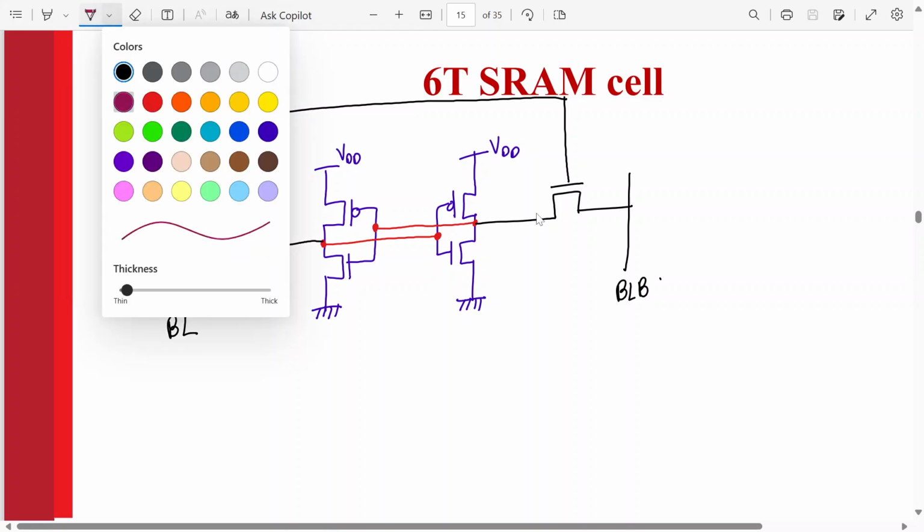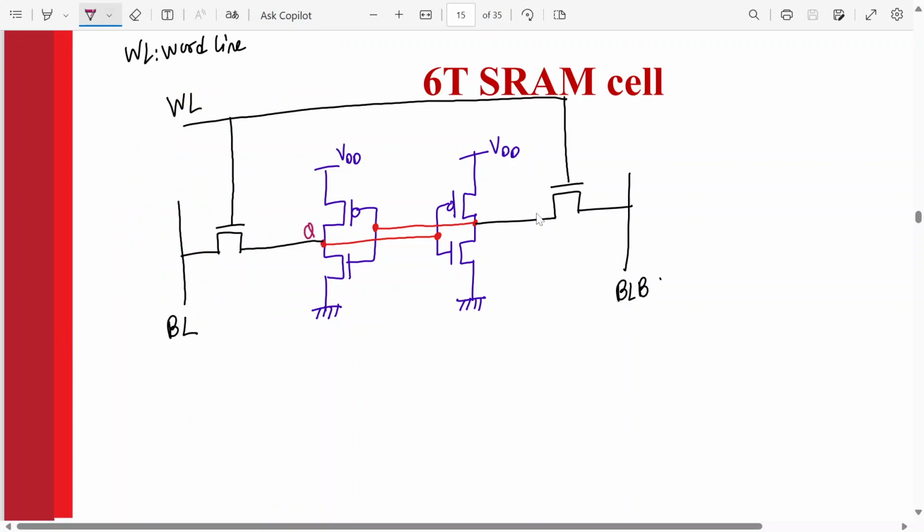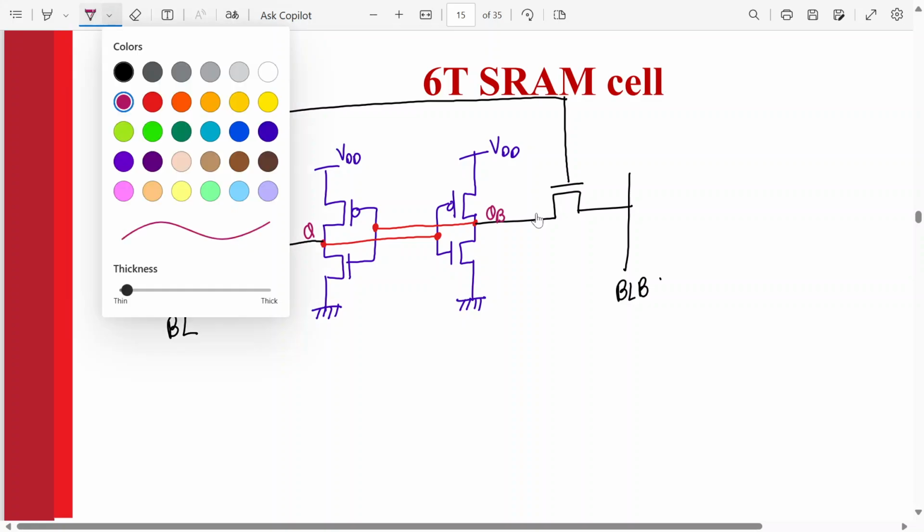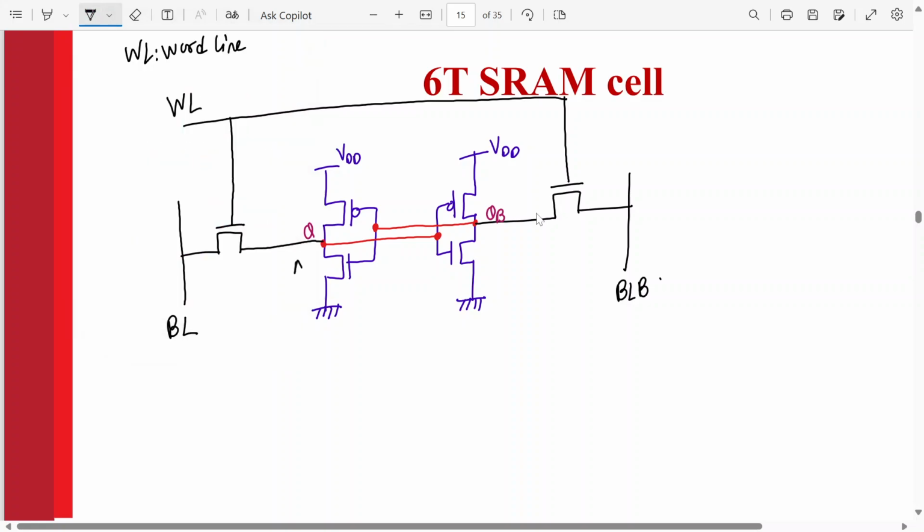Yeah, let's write down the names. This is node Q, and this is node QB, or we can call it Q bar. Then let's write the names of the transistors. This is M1, M2, M3, M4, and these are the access transistors, M5 and M6.